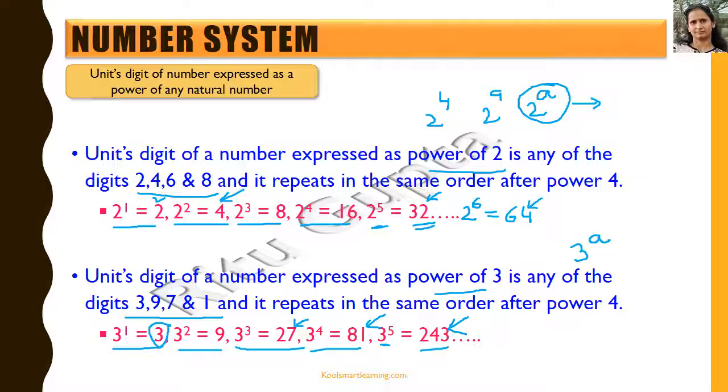If we continue, it keeps repeating in this order: 3, 9, 7, 1, and then again 3.